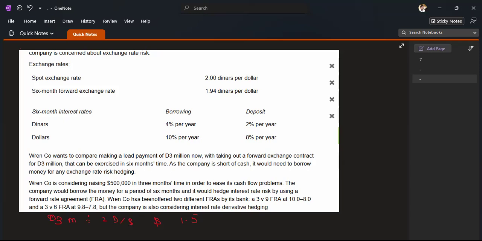So, guys, what was the rate if you are going to borrow this money? What was the dollar rate? 10%. But this was the annual rate. We have to compute it for 6 months. 10% divided by 2 gives you how much? 5%.